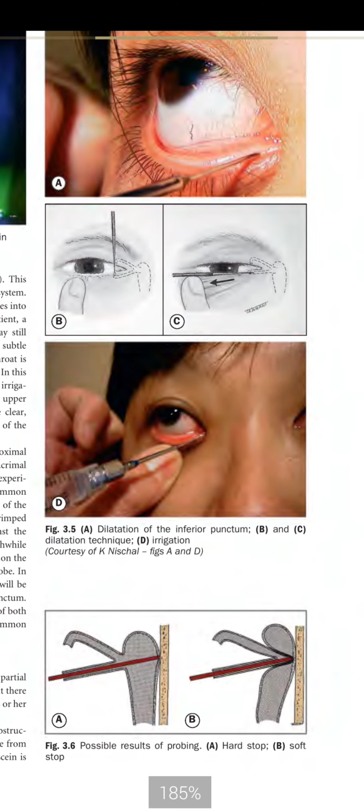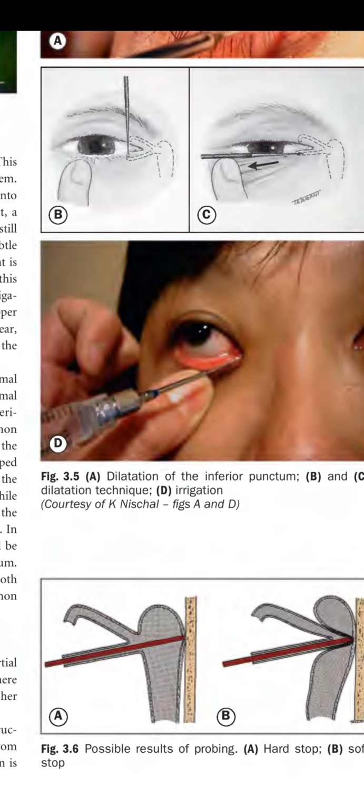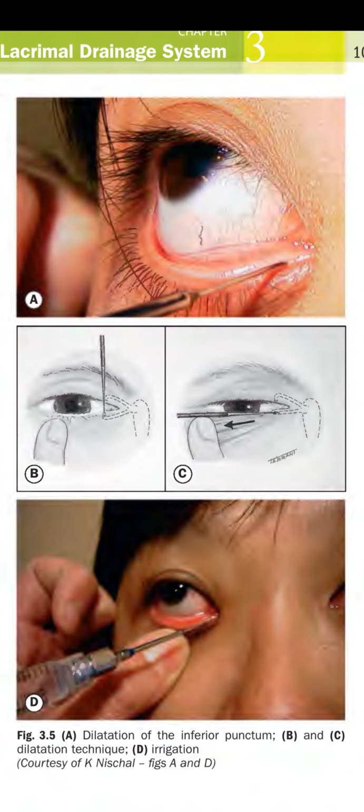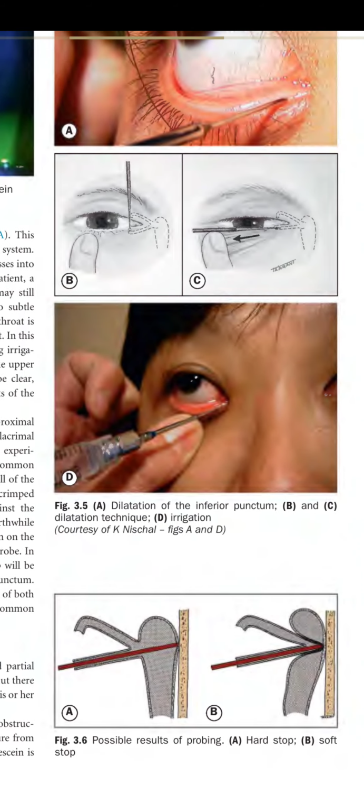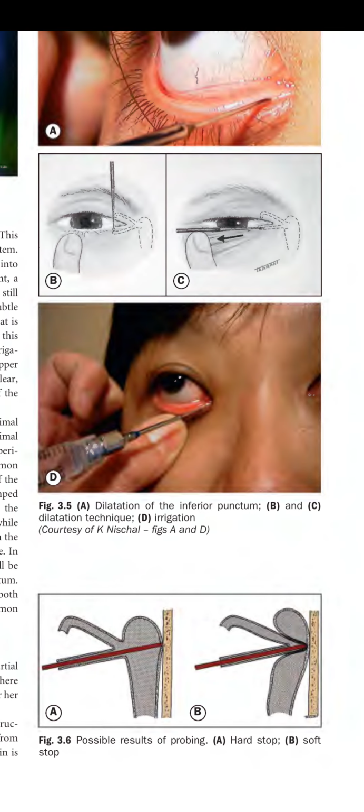So basically this is what it is showing. First of all, the punctum is dilated, and then after the dilation of the punctum, we take the cannula, put it vertical, then horizontal, and irrigation is performed. First of all we have to see, after going horizontally, whether the feel of the syringe is a hard stop or a soft stop.